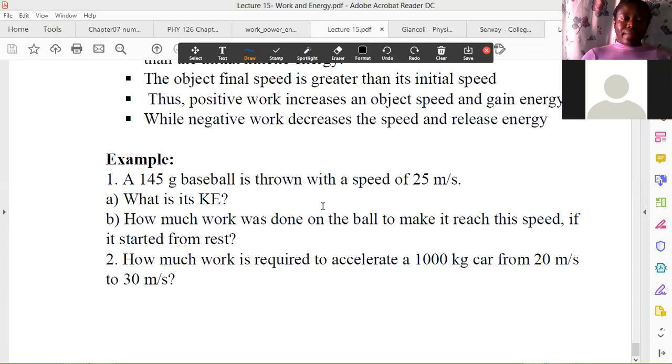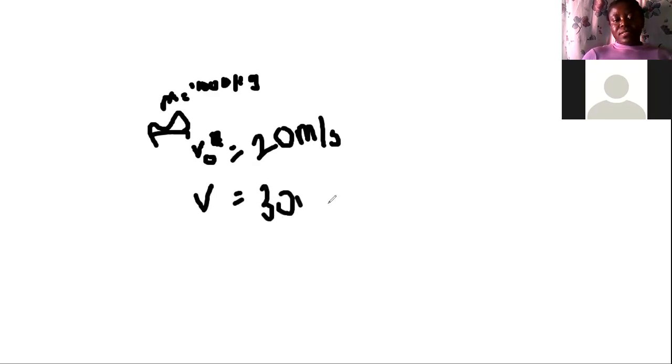So you have a car of mass equal to 1,000 kilogram, and it has an initial velocity of 20 meters per second, to the final speed of 30 meters per second.